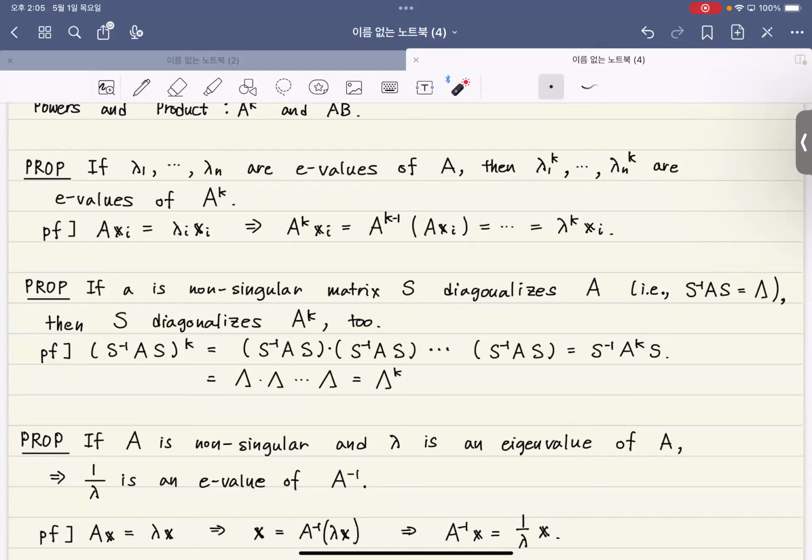Then the same set of eigenvectors will diagonalize A to the k. The proof is also simple. If this is the diagonal matrix lambda, then whenever you take the k-th power of this, S inverse times A to the k times S is the diagonal matrix lambda to the k.